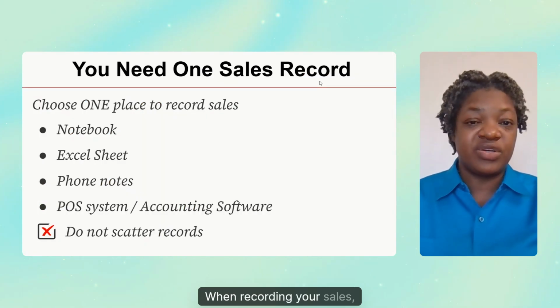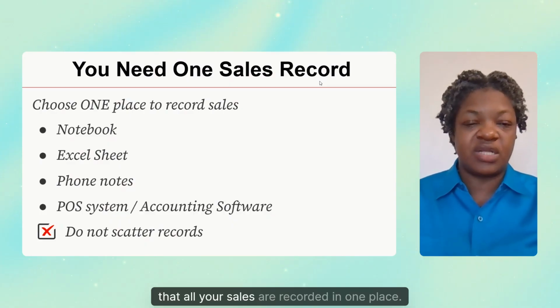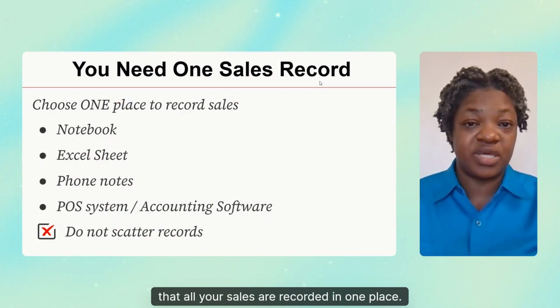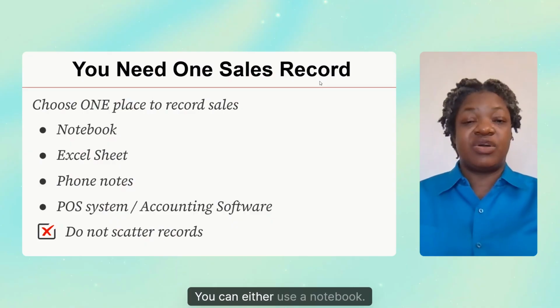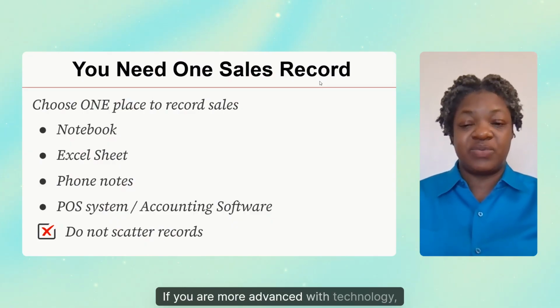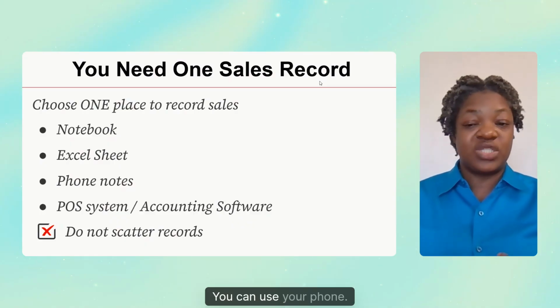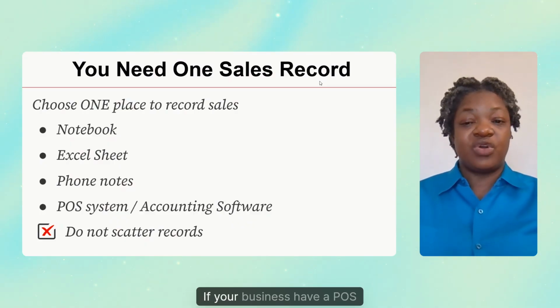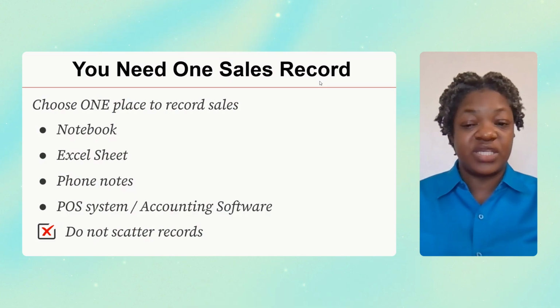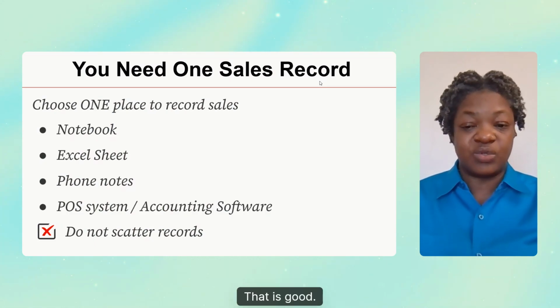When recording your sales, you need to ensure that all your sales are recorded in one place. You can either use a notebook. If you are more advanced with technology, you can use an Excel sheet. You can use your phone, if your business has a POS system in place or accounting software, that is good.